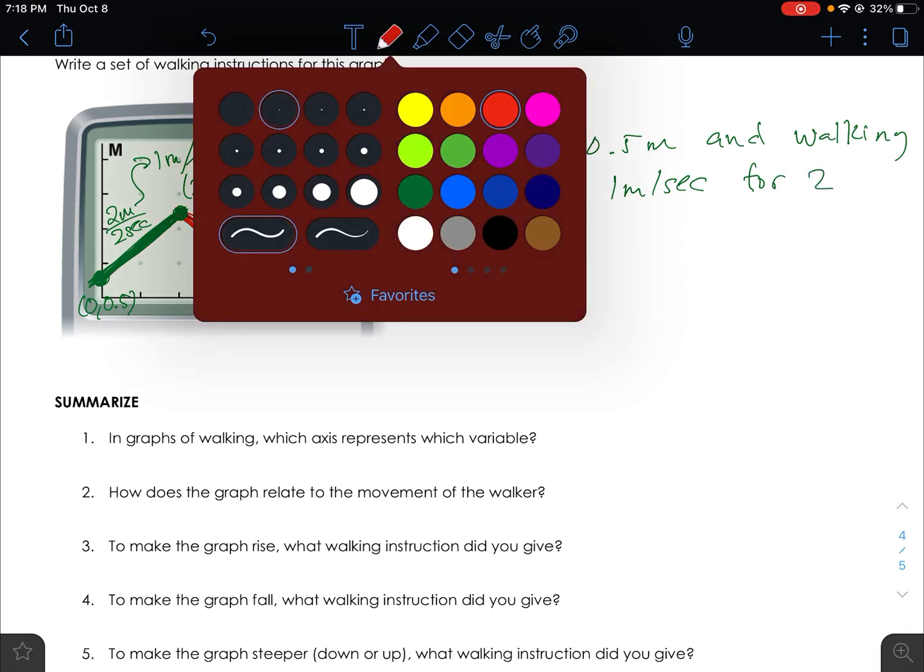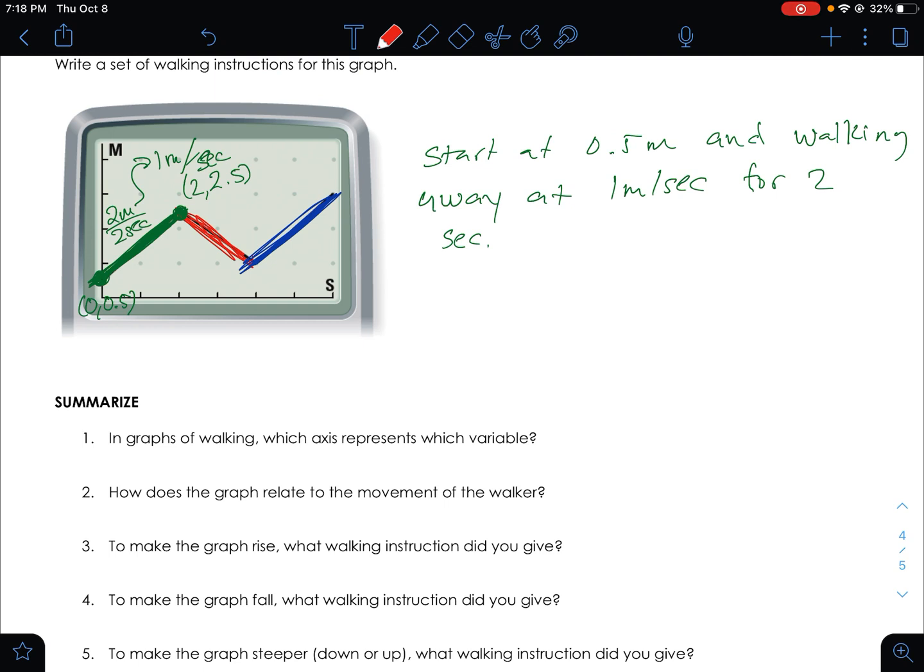Then the walker decides he needs to change direction. Maybe he forgot something at home. Okay, so we see that he's traveled for 2 seconds. He's at 2.5 meters away, and then he needs to turn around, and now we're at 4 seconds and 1 meter. So he turns around and walks towards the motion sensor and we got to figure out the speed.